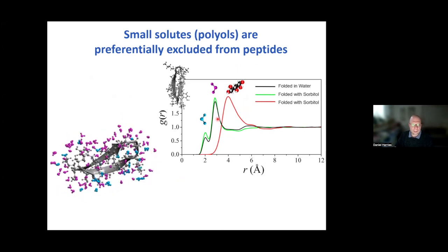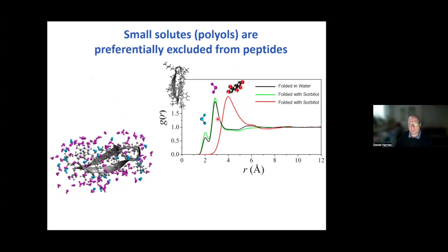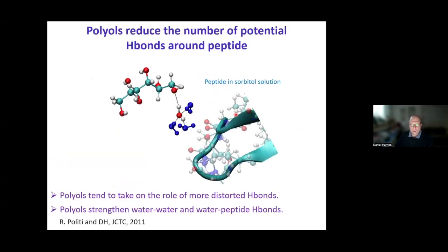So first of all, we see in simulations that the polyols are excluded from the region of the protein. So basically, there is the formation of this water layer, basically a monolayer, around the protein, before there is also presence of the polyol, of the solute. So overall, think about something like this.